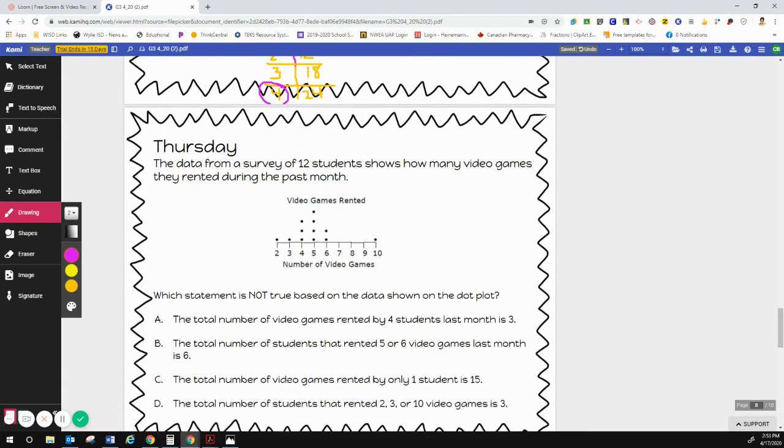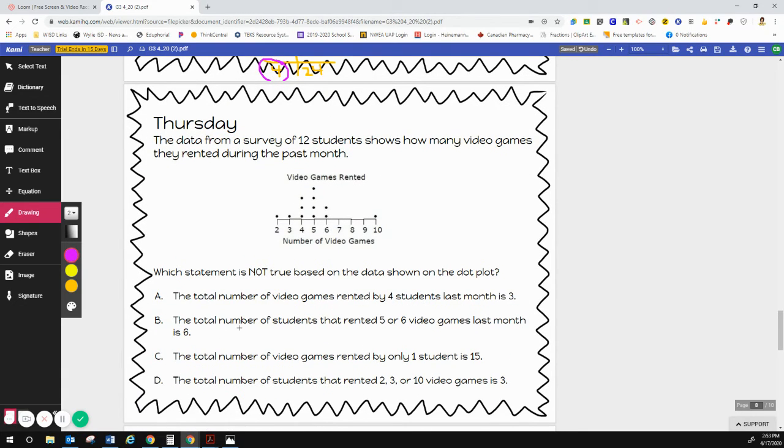All right, let's look at our next one. The data from the survey of 12 students shows how many video games they rented during the past month. So these numbers represent the number of video games, and this represents the number of students. There's a lot of information here. Let's start by labeling our dot plot.